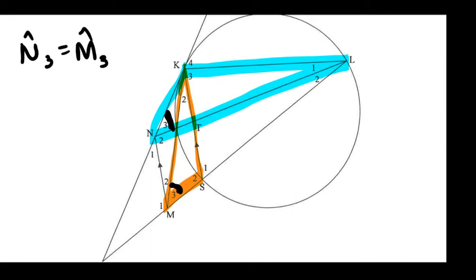The reason for this is angles on the same segment. Why am I saying angles on the same segment? If you take a look from here, it goes up like this and then it comes back like that, then it goes up like this.